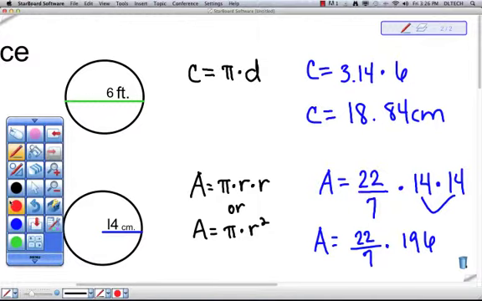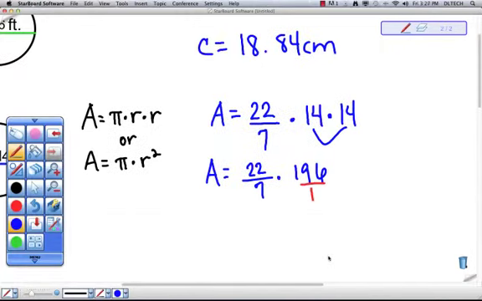Anytime you're multiplying fractions, you can add a 1 under the other one to make that a fraction, and then multiply across and reduce. Since your radius was squared, your centimeters will be squared as well.